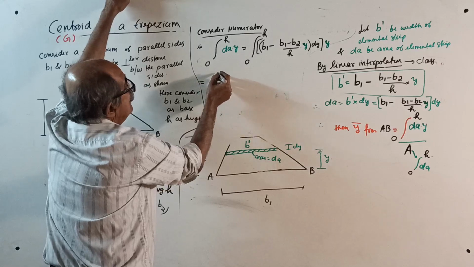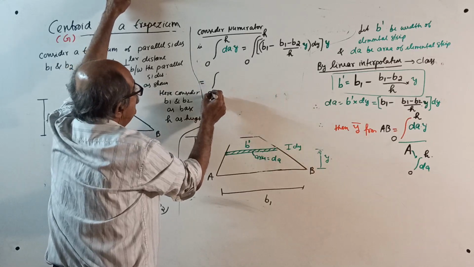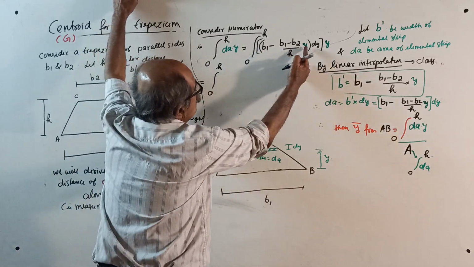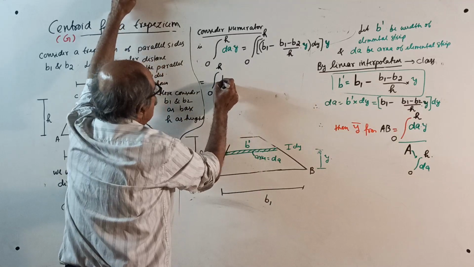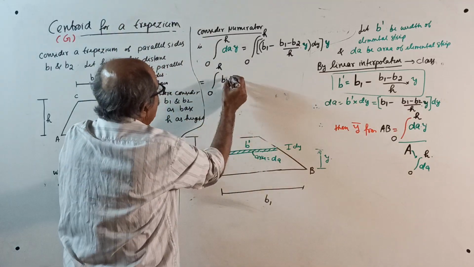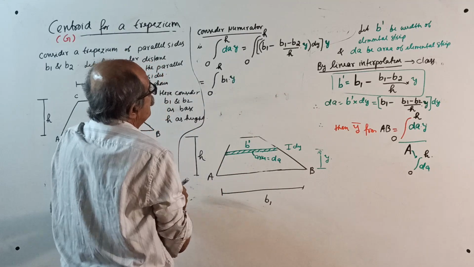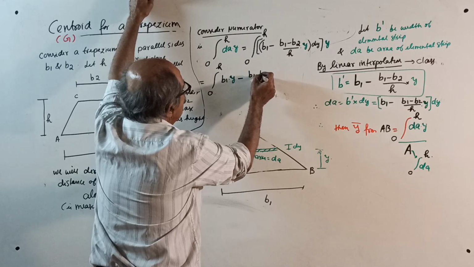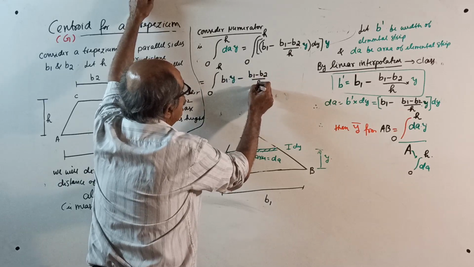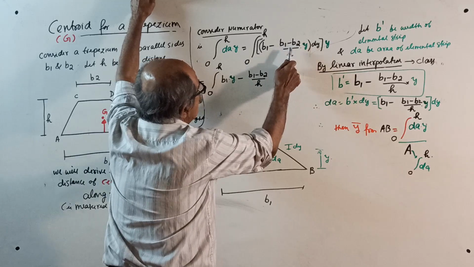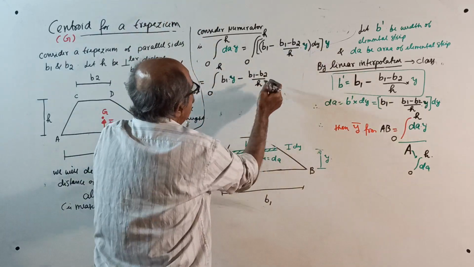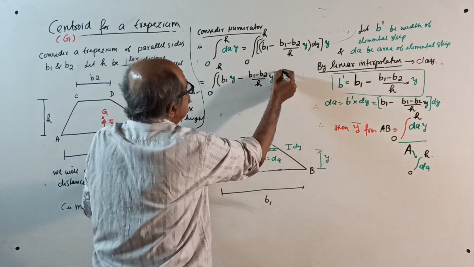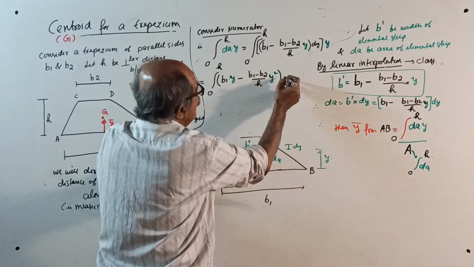Equal to integration 0 to h of b1 into y, one term, minus b1 minus b2 by h into y, which is y square, into dy. See, earlier one class, by mistake, I put dy there.